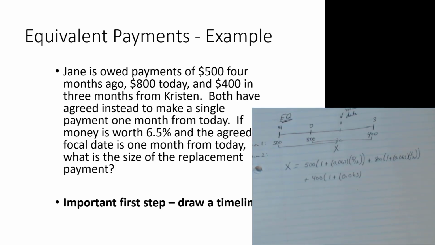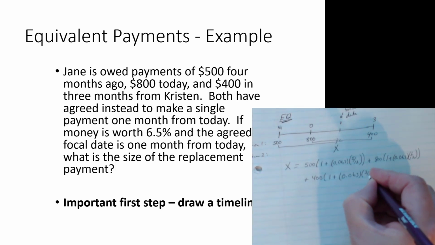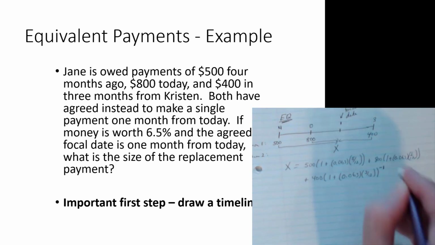From month 3 to month 1 is 2 months, so 2/12, and then very important, to not forget that exponent. That'll come and bite us hard if we forget that.